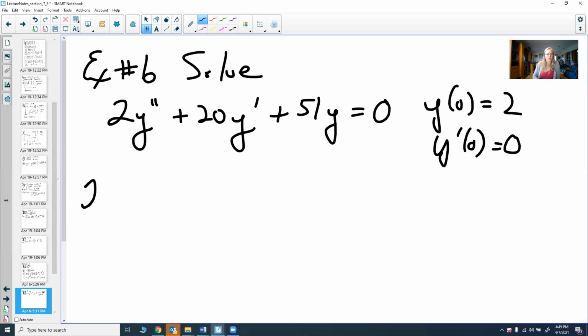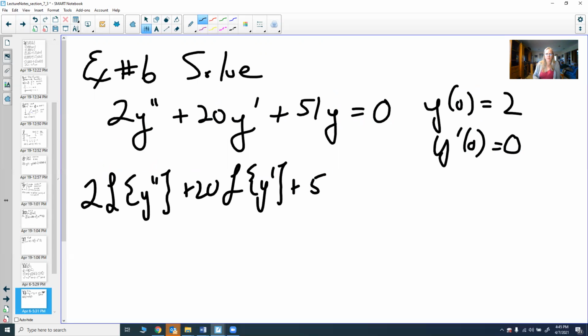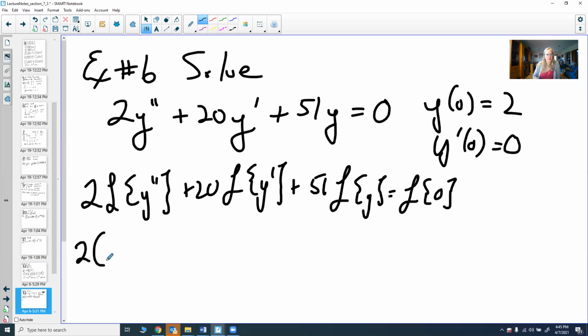So we're going to have 2 times the Laplace transform of y double prime plus 20 times the Laplace transform of y prime plus 51 times the Laplace transform of y equals the Laplace transform of 0. The y double prime's Laplace transform is s squared times y of s minus s times y of 0 minus y prime of 0.